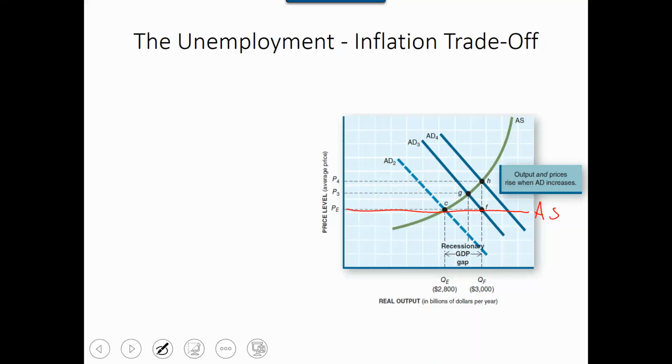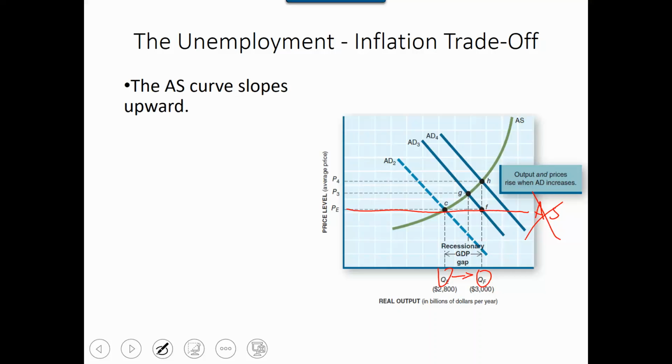Our GDP increases from QE to QF, which means our unemployment rate decreases, because as GDP increases we need to hire more people to work. From QE to QF, we decrease the unemployment rate, but at the same time the price stays at PE. But is that true? No. The fact is the aggregate supply curve slopes upward.